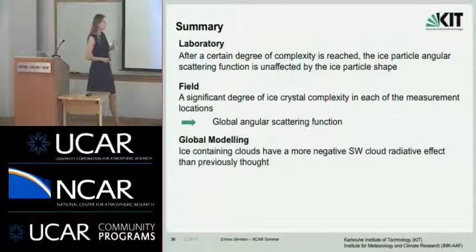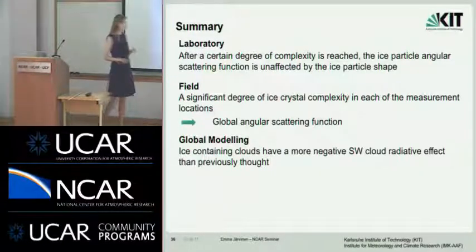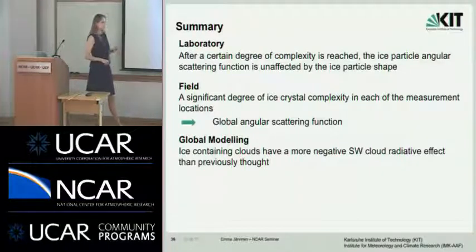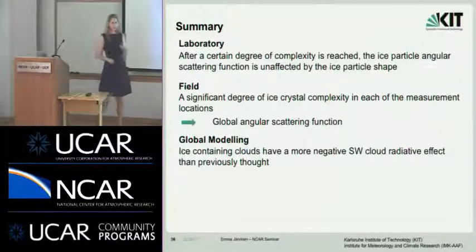Included in the global models, it showed that we still have a huge uncertainty in determining the short-wave cloud radiative effect, and that ice clouds could have a more negative short-wave effect than previously thought.